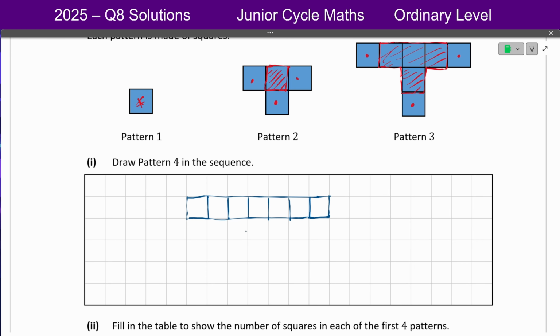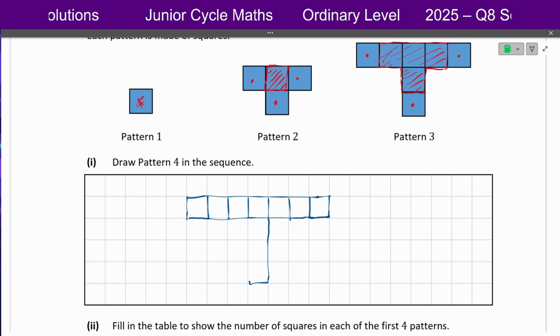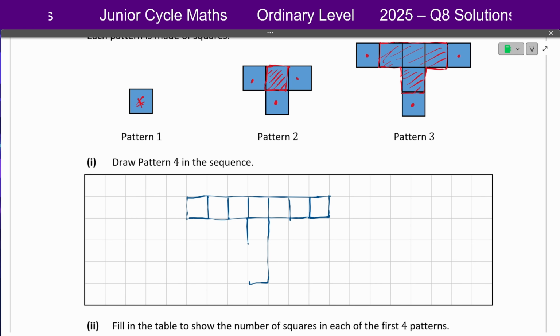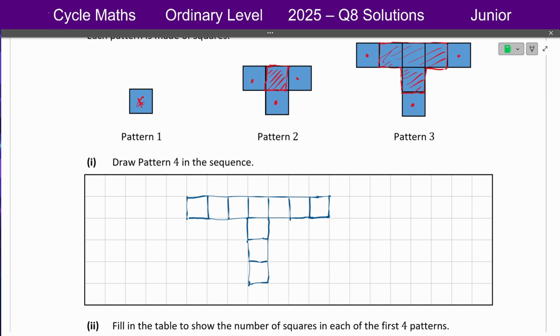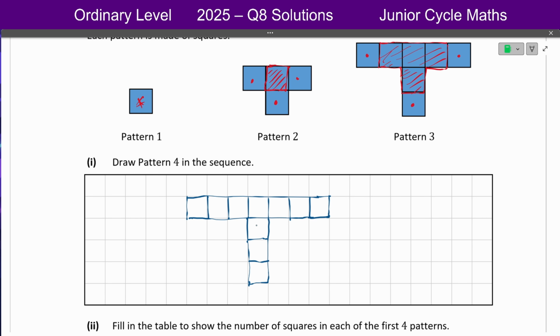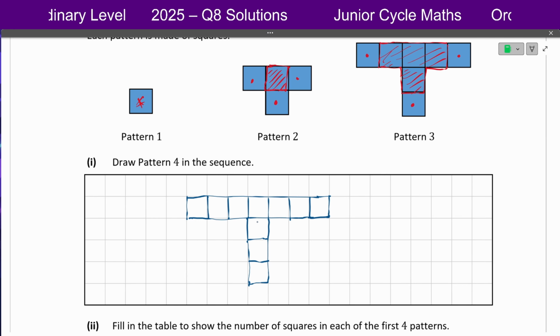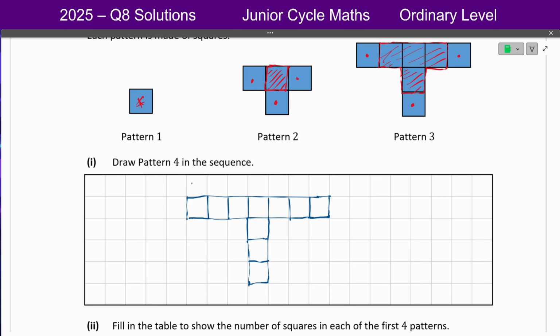And then we have 3 squares underneath, right? 1, 2, 3, and 4. And that's the correct answer for the first part.